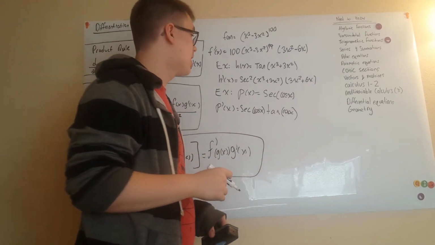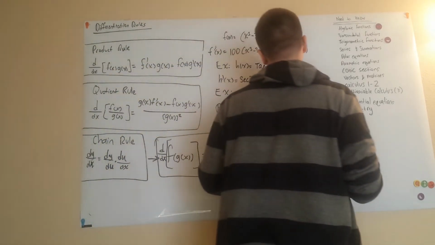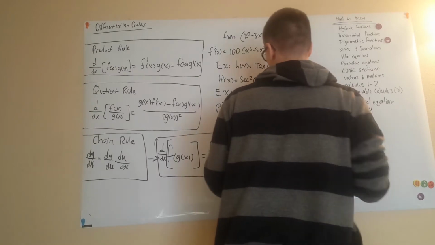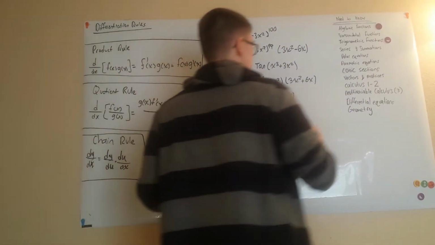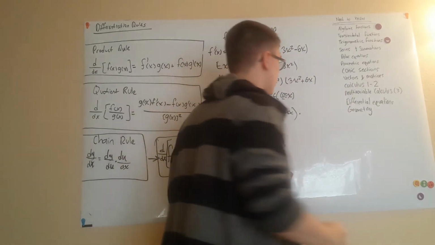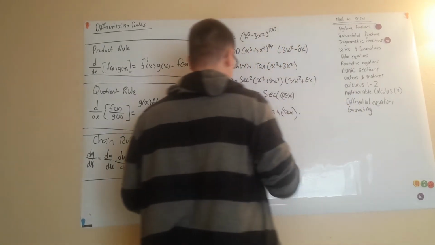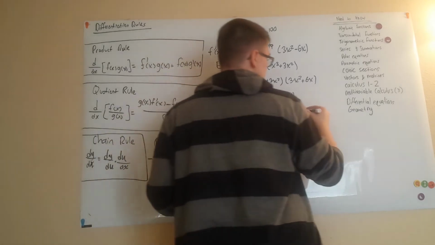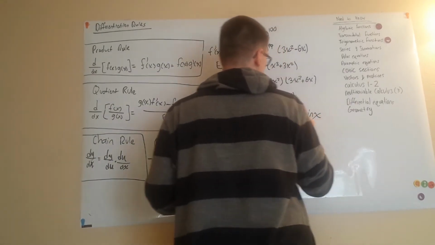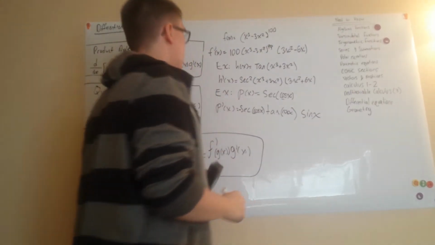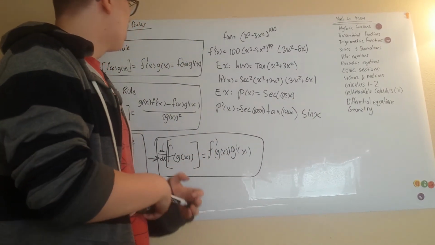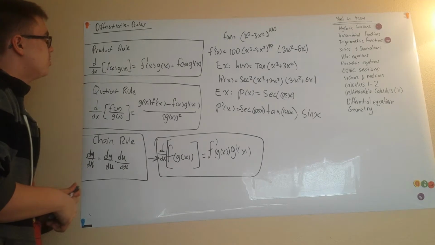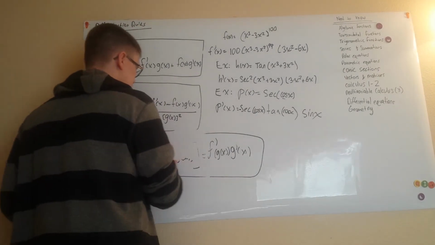Just leave it there. And then you multiply by the derivative of the inside. The inside is cosine, the derivative of cosine is negative sine. I'm going to put the negative up here, put the sine up here. There you go. You should be good with chain rule pretty much.